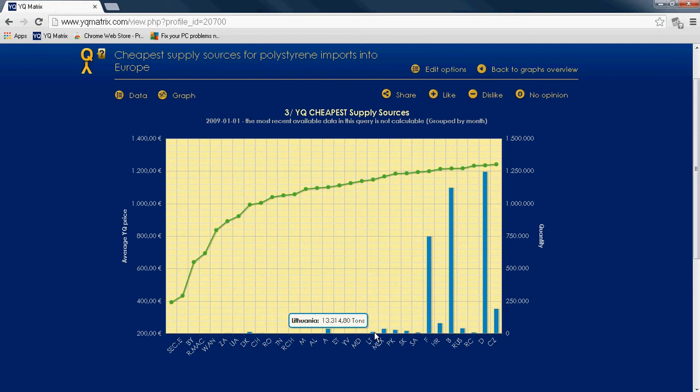Okay, so if you would like to have a full overview, basically you need to clean up this graph. That being said, you need to eliminate these countries, like Belarus, Argentina, and others.